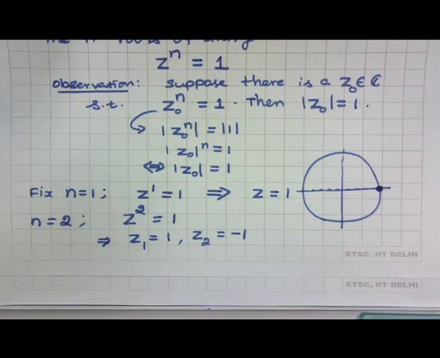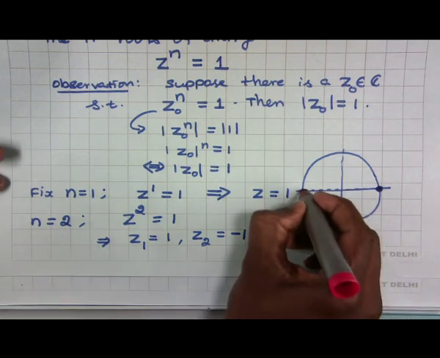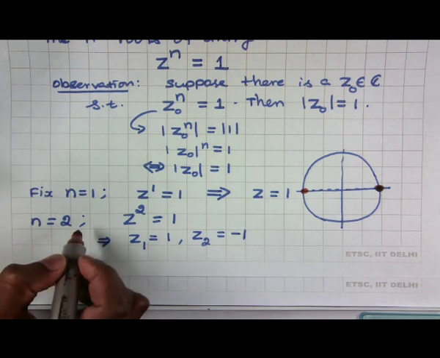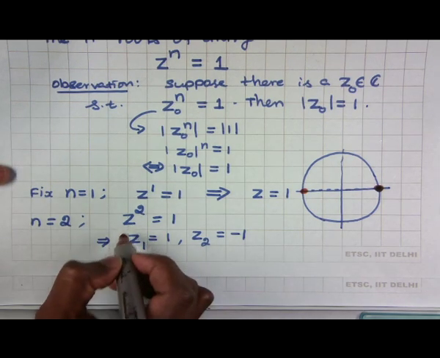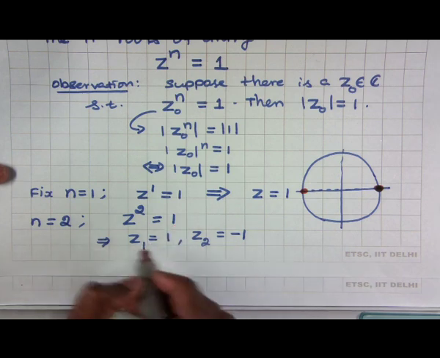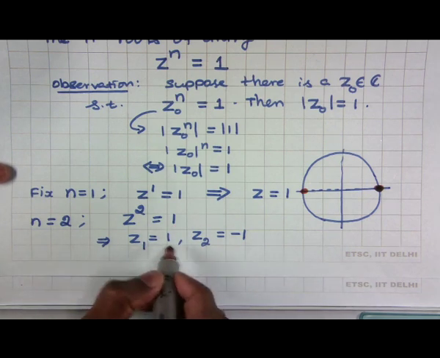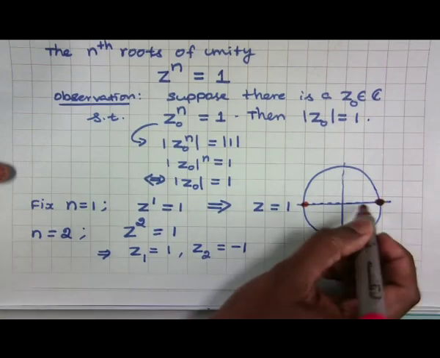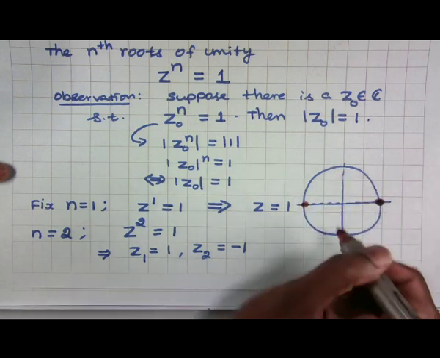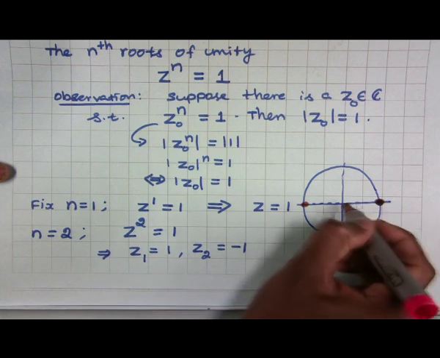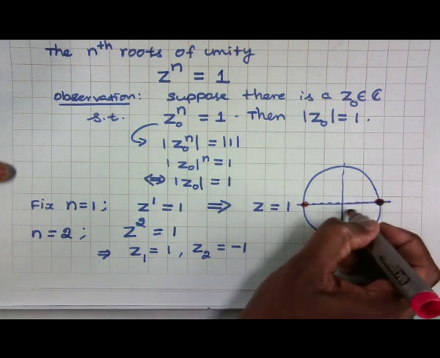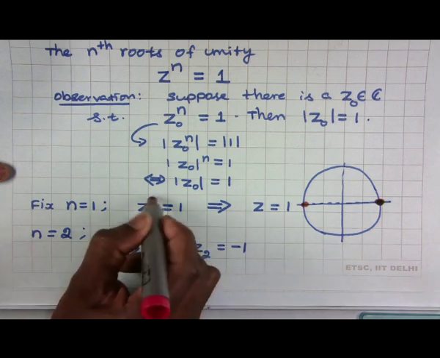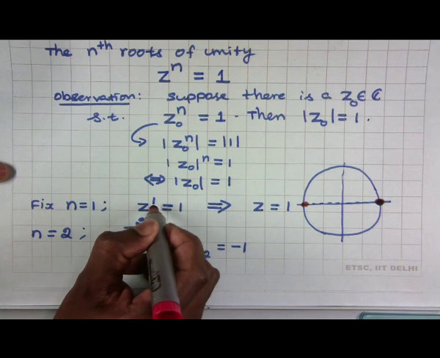So what we observe is, when we take n equal to 2 and ask what are all the complex numbers whose square is 1, z equal to 1 and z equal to minus 1 satisfy this equation. Somehow, given 360 degrees, it just divides by n. For n equal to 1, 360 degrees divided by 1 gives only one factor.